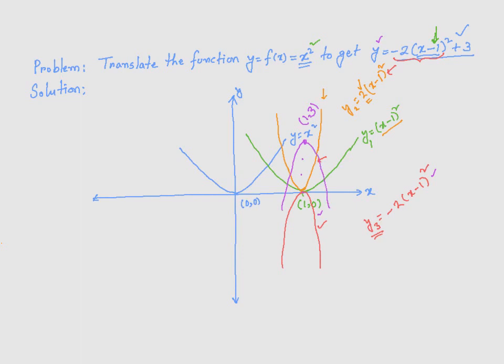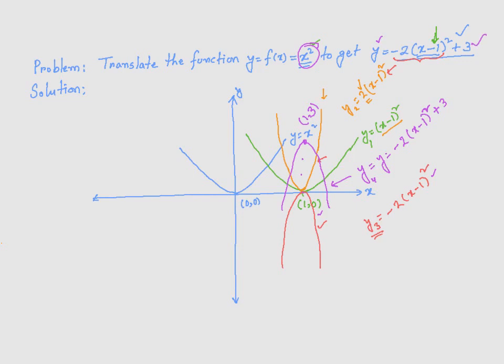So this magenta function, let's call it finally y4 or y, is equal to y is equal to negative 2 times (x minus 1) whole squared plus 3. That's what it is. So we started off with this y is equal to x squared function, and through translation we came to this final function. This is how you would do it.